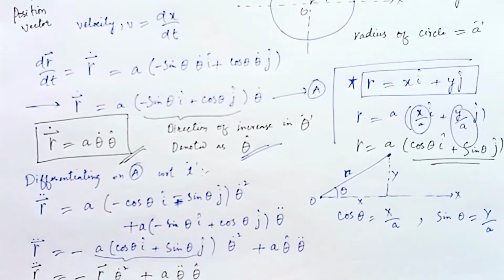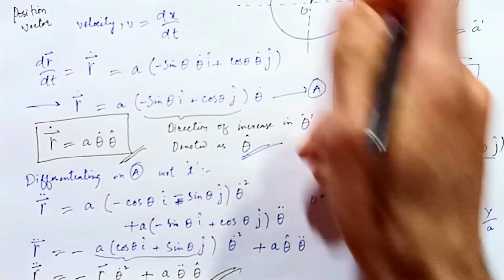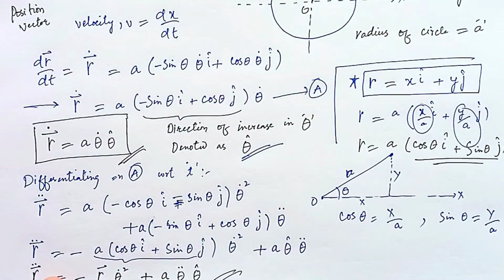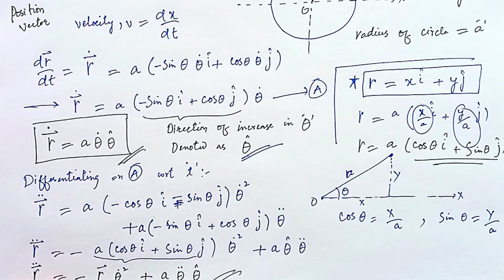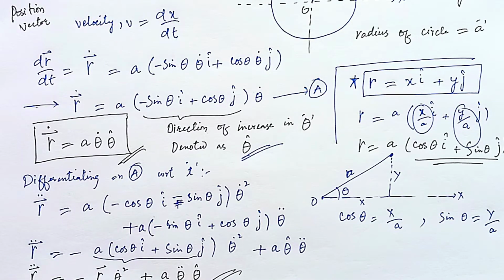This will give the acceleration along the circular path. Double differentiation of this position vector will give the acceleration along the circular path.